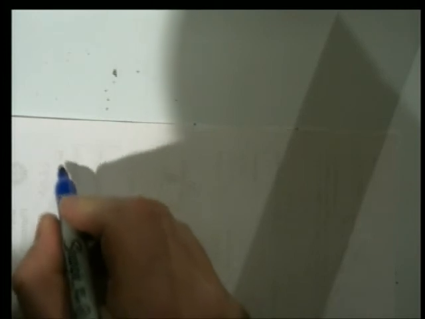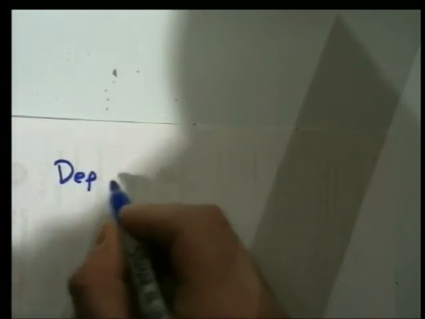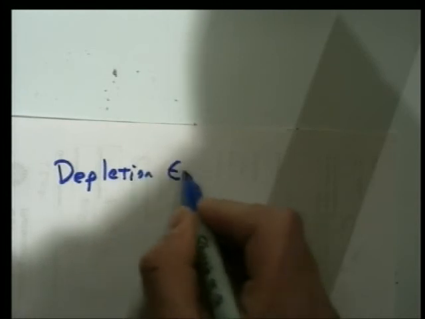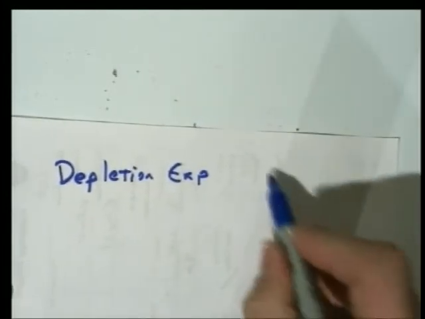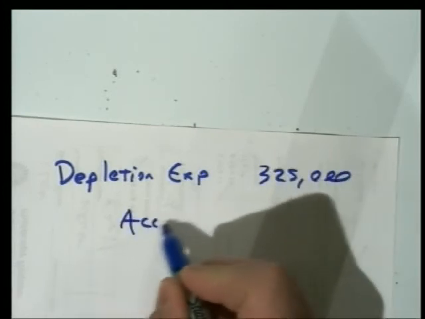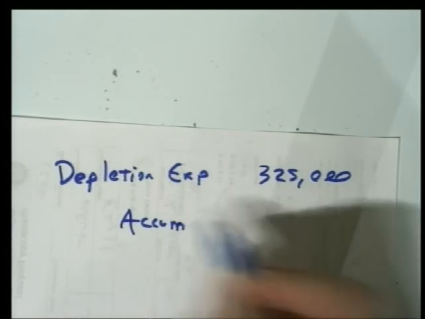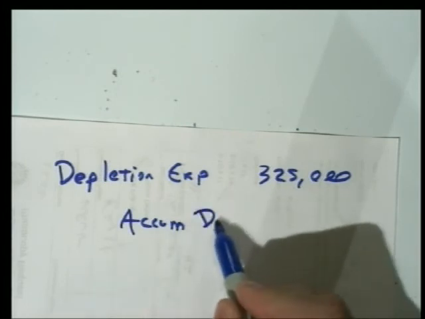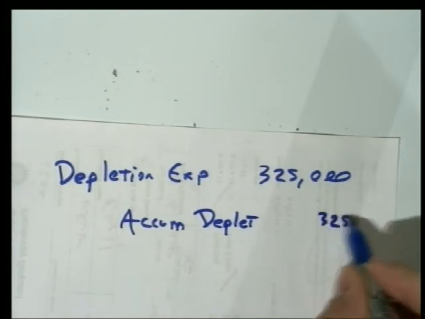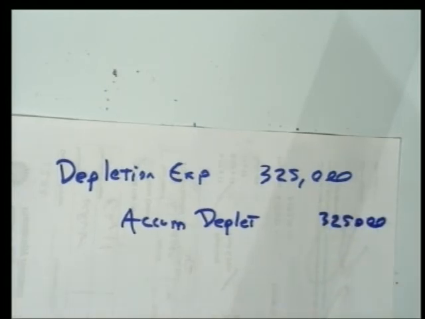The entry would look like this for that example we just did. Not depreciation expense, but depletion expense. How much was it? 325,000. And then accumulated, not depreciation, but accumulated depletion, for $325,000.